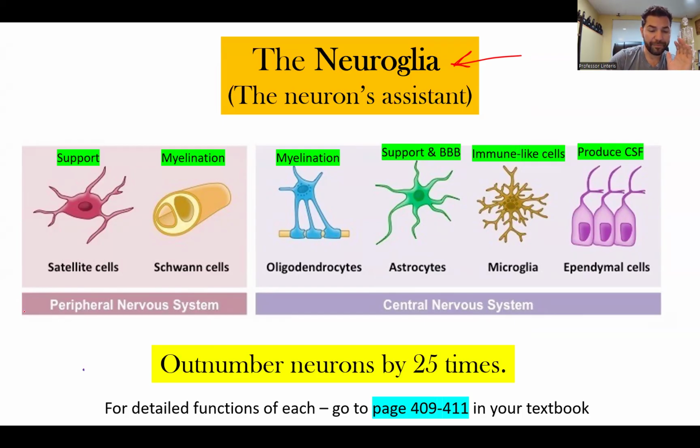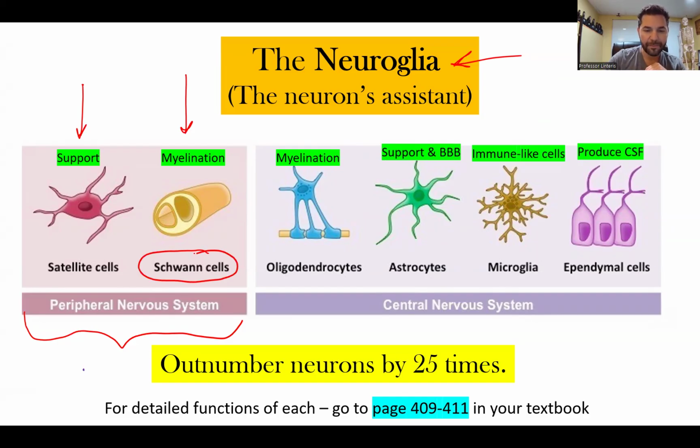The peripheral nervous system, the PNS, has two types of neuroglial cells. One is involved in producing something called myelin, right? And we will talk about that. Satellite cells are the other type. So we have satellite cells and we have Schwann cells. You will hear me talk about Schwann cells a lot, especially as we get to this in lab.